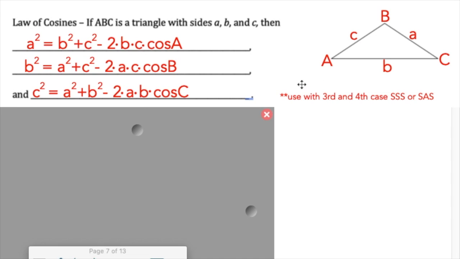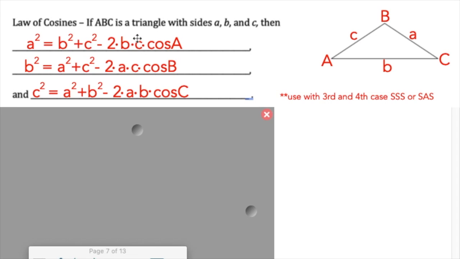Now, as I started out by saying, we are going to use law of cosines for the third and fourth case, which is side, side, side, or side, angle, side when you have one angle that's trapped. If the angle isn't trapped, you can use law of sines. This, I think you would agree, is longer. There's more steps.